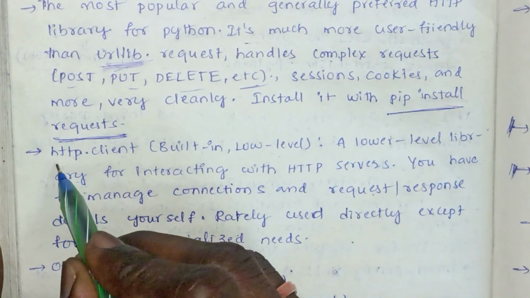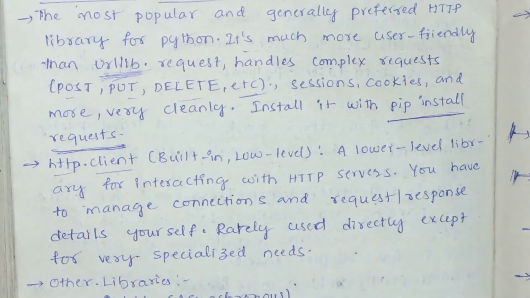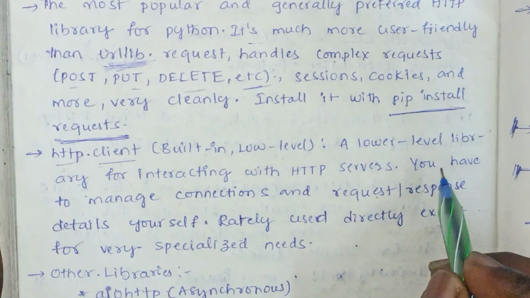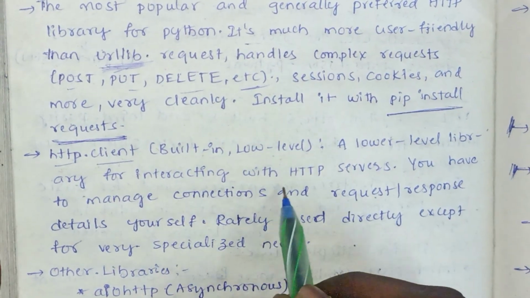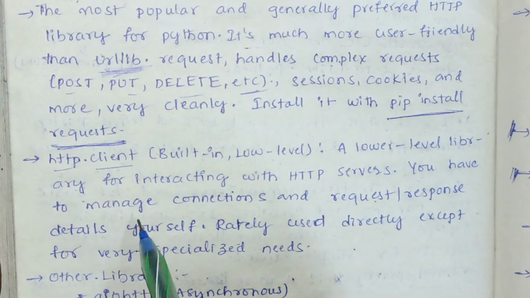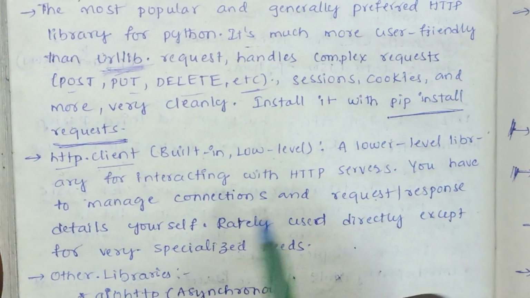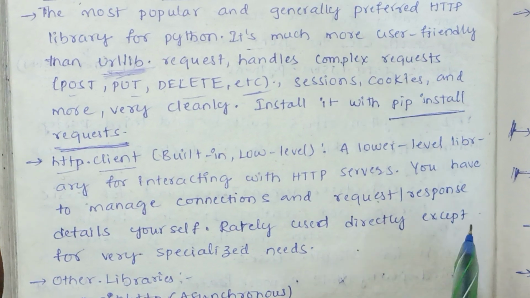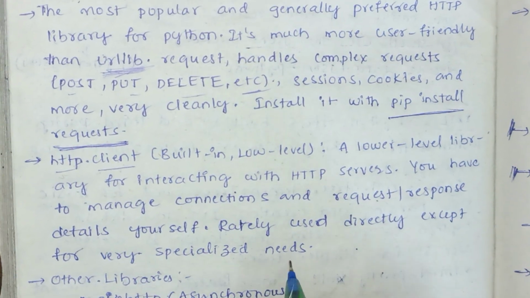Now next, http.client. HTTP client is built-in and low level. It is a low-level library for interacting with HTTP servers. You have to manage connections and request-response details yourself. It is rarely used directly except for very specialized needs.